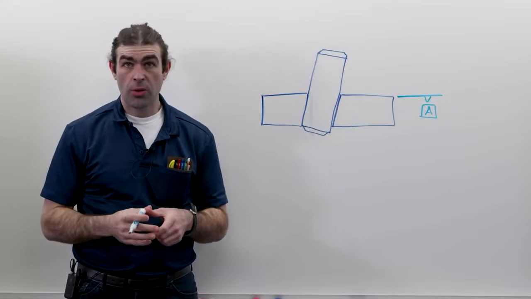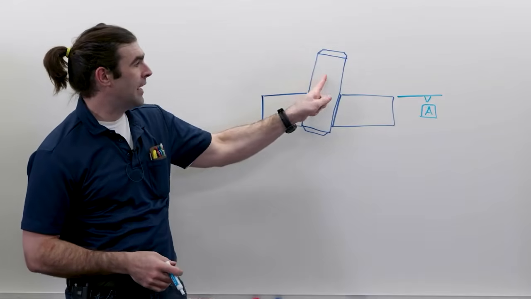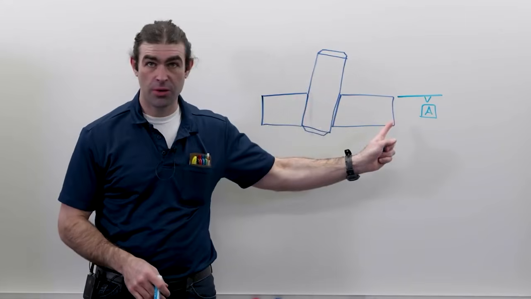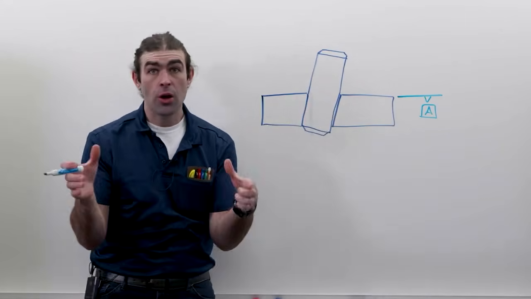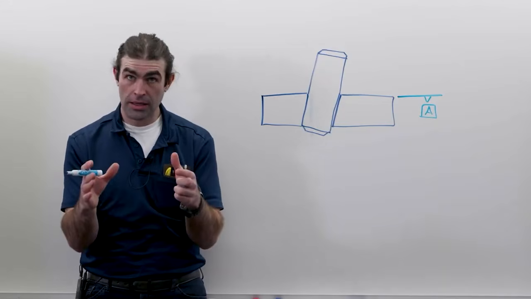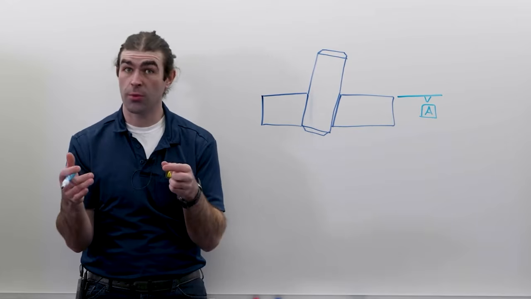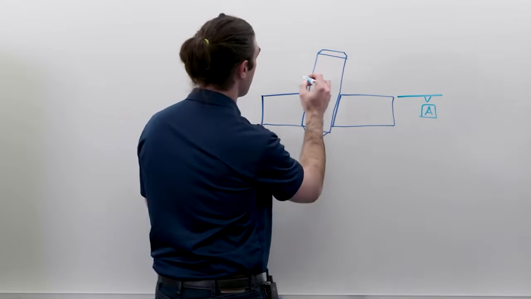If we wanted to know the related actual mating envelope of this pin pressed through this plate in relation to datum A, we're going to collapse the cylinder onto the pin, okay? But that cylinder has to make full contact with datum A as well.